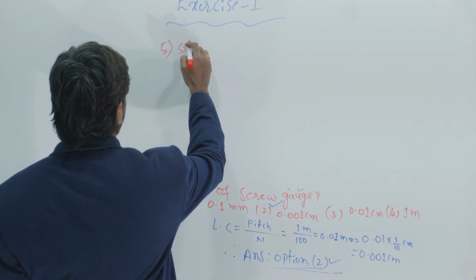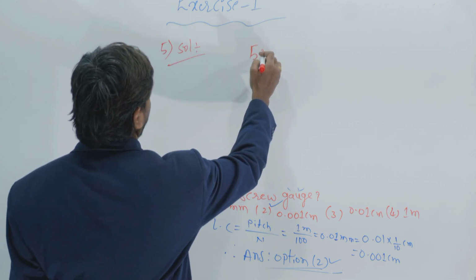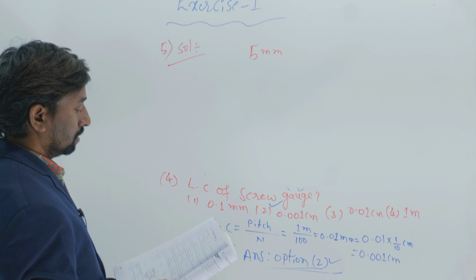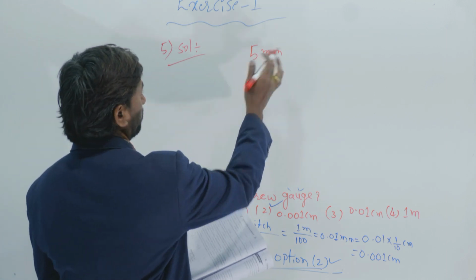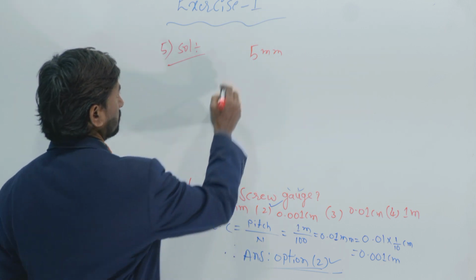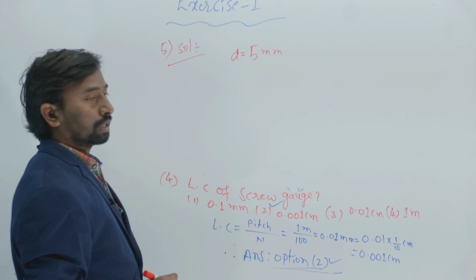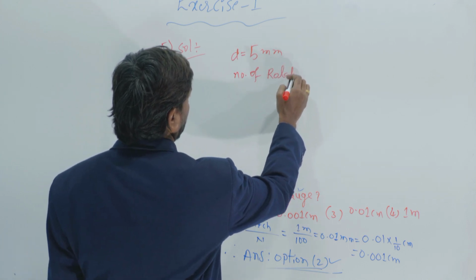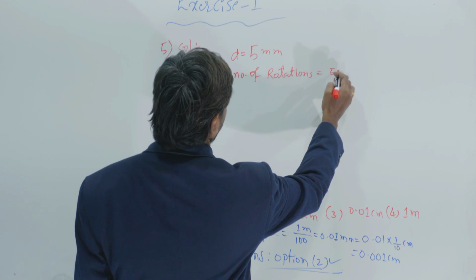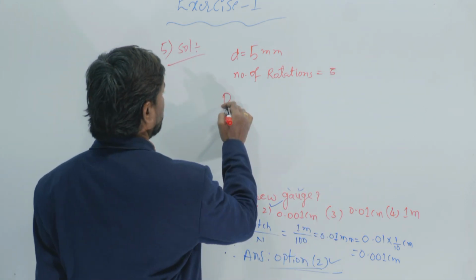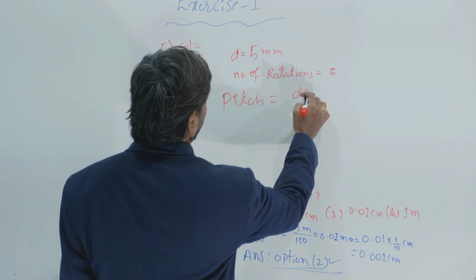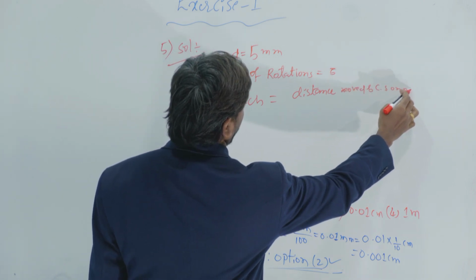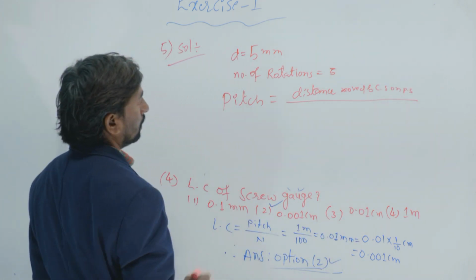Fifth solution: the distance moved by the circular scale on the main scale is 5 mm, and the number of rotations is 5. Now pitch is equal to the distance moved by the circular scale on the pitch scale divided by the number of rotations.